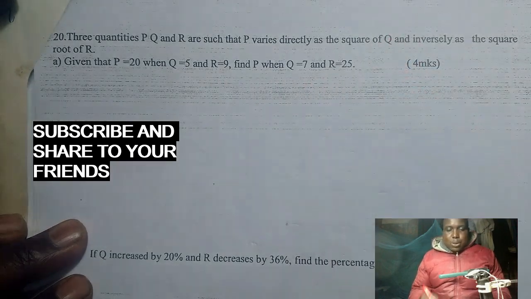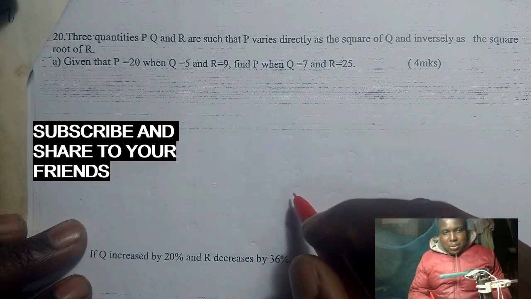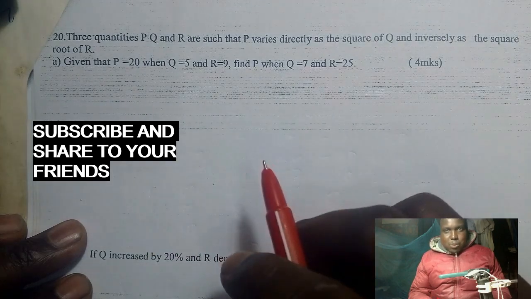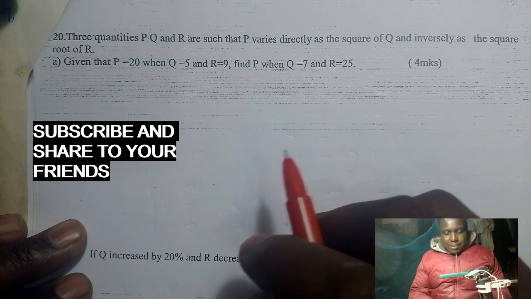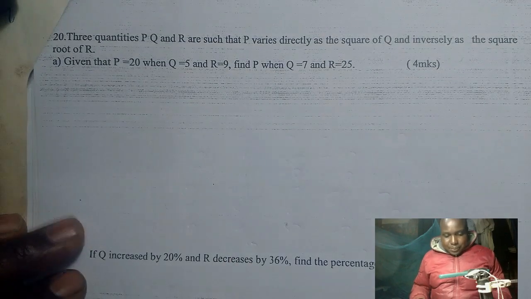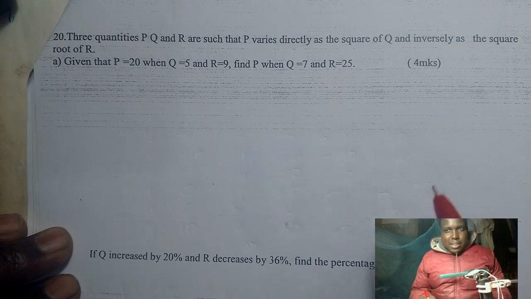For four marks, this is a paper 2 question. So this year, expect this kind of question. Expect a question from the variation formula. So let's see. We have how many types of variations?